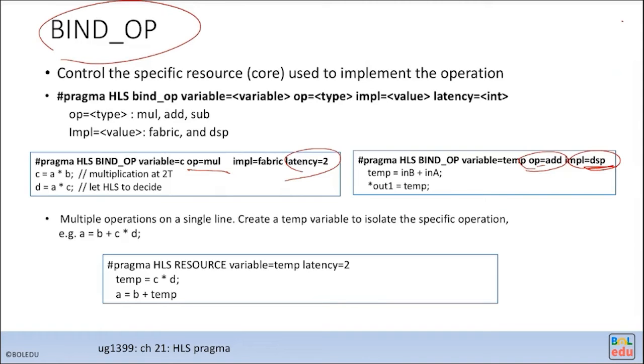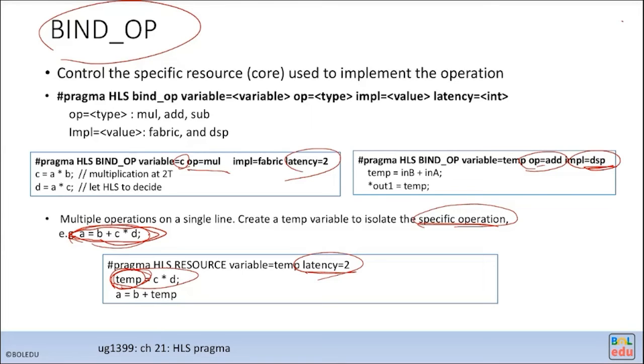But if you write the code this way, because here you specify the variable, in this code you need to isolate the operation you want to use. So you have to separate it by introducing an intermediate variable, so that you can specify that this variable has latency 2, instead of the whole operation.